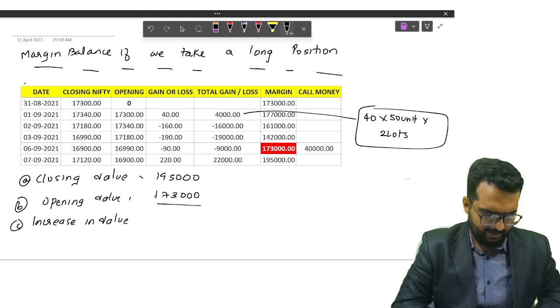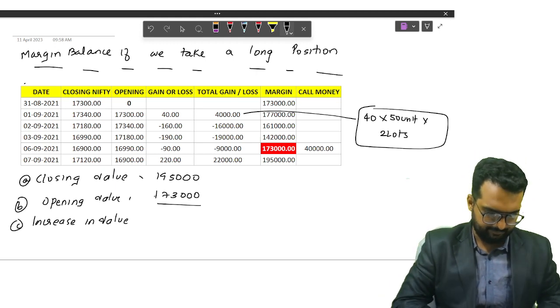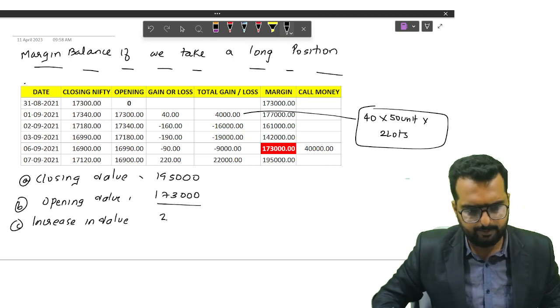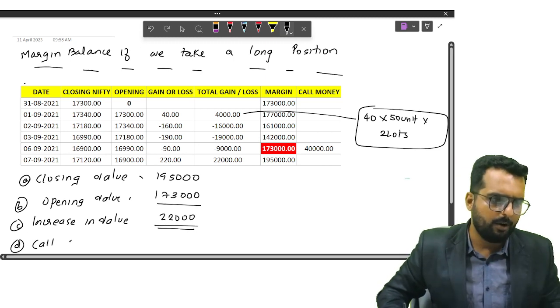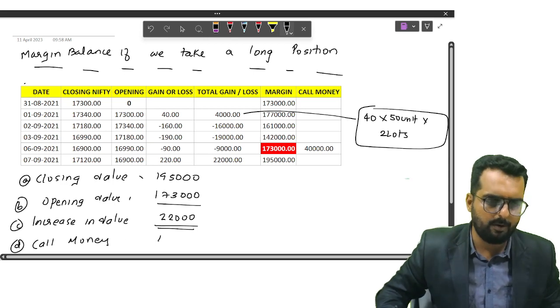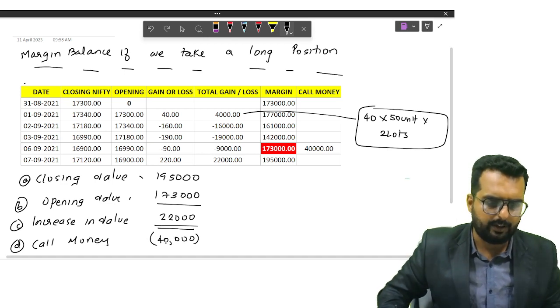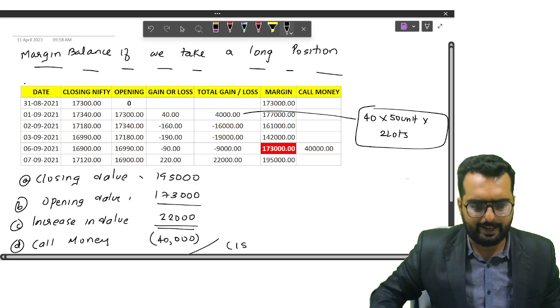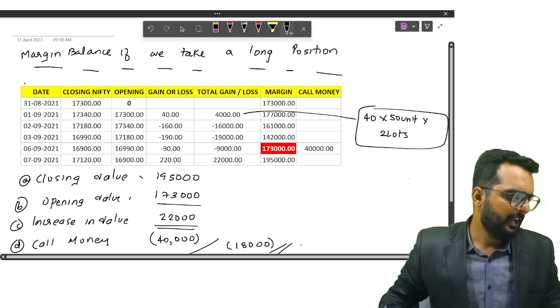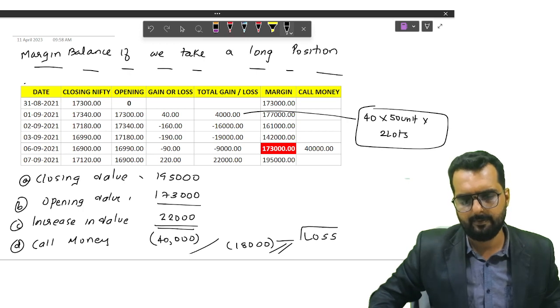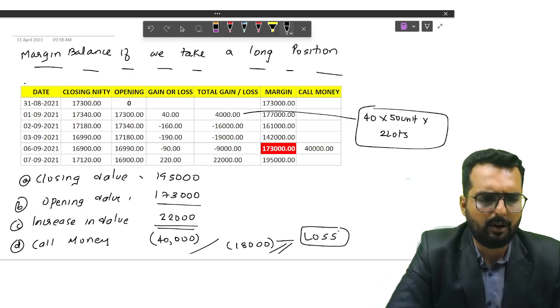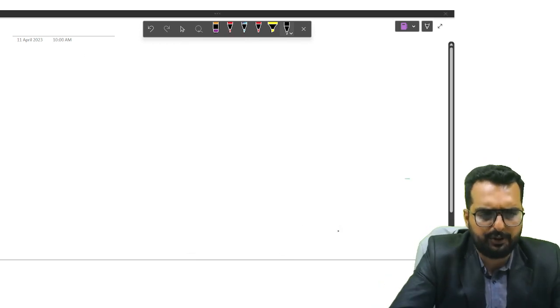Do you get the increase in the value as 22,000? Correct? But I have brought in some call money. How much money have I brought in by way of call money? 40,000. So my net figure turns out to be how much? 18,000 will be my loss. Are you all clear with this part now, friends? So this is if I take a long position.